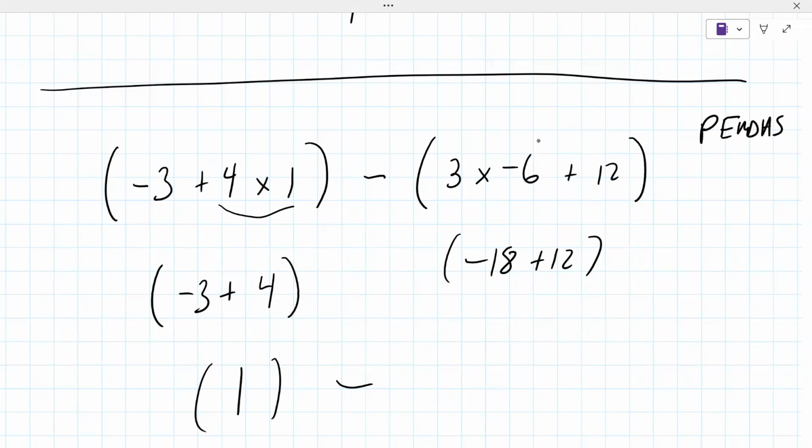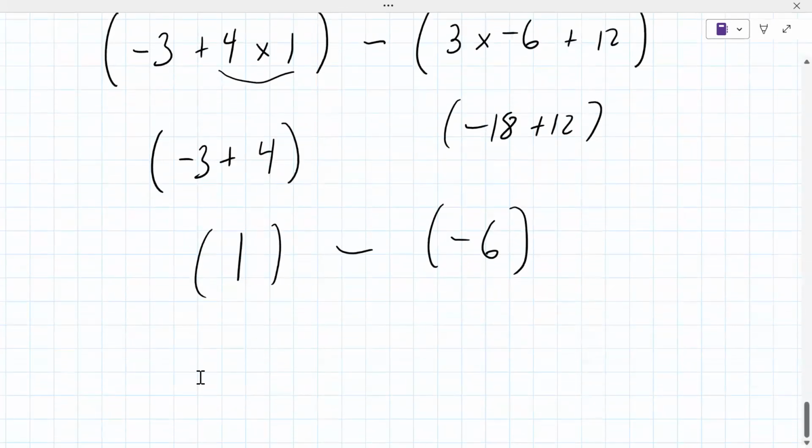Since they're different signs, subtract them without the sign. So 18 subtract 12, which would be negative 6. Okay.